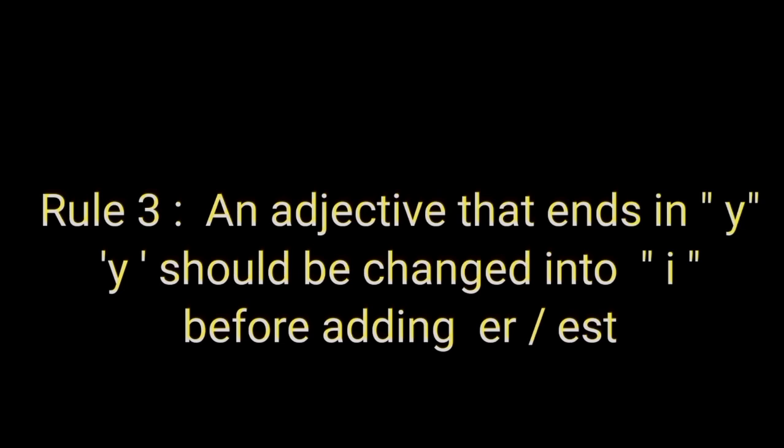Rule number 3: an adjective that ends in y. The last letter y should be changed into i before adding er or est in order to get the comparative and superlative respectively.